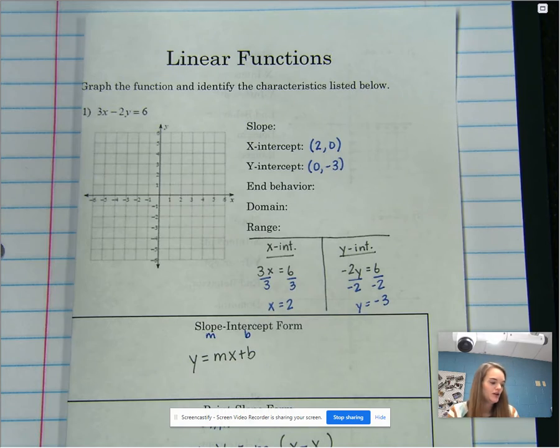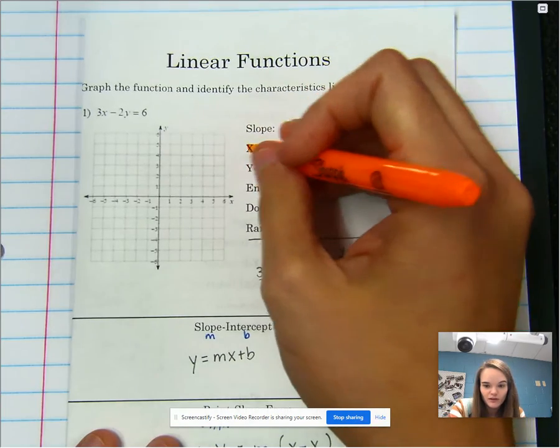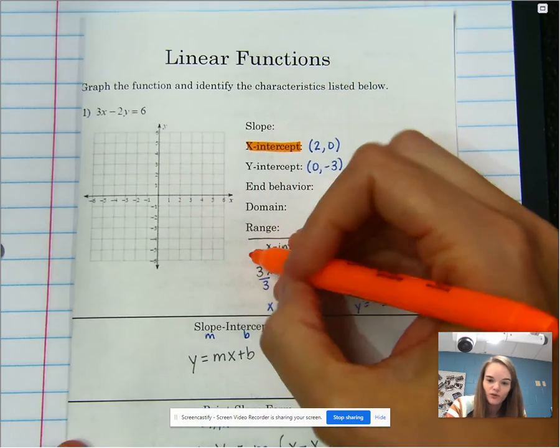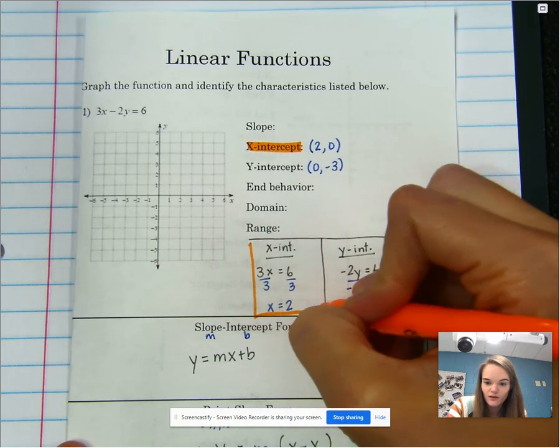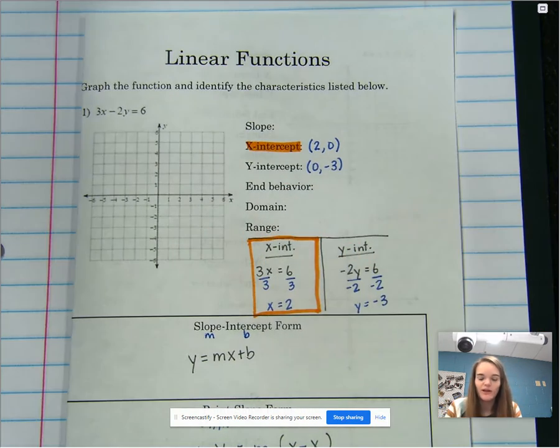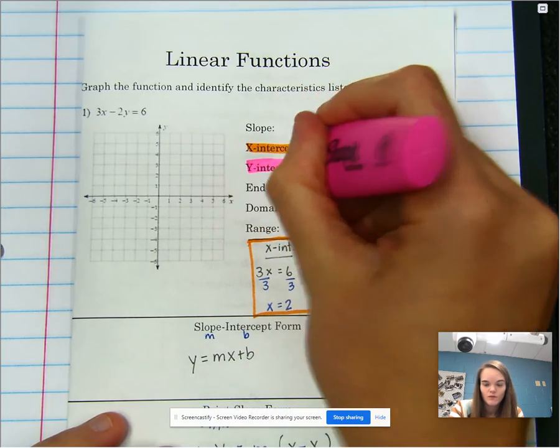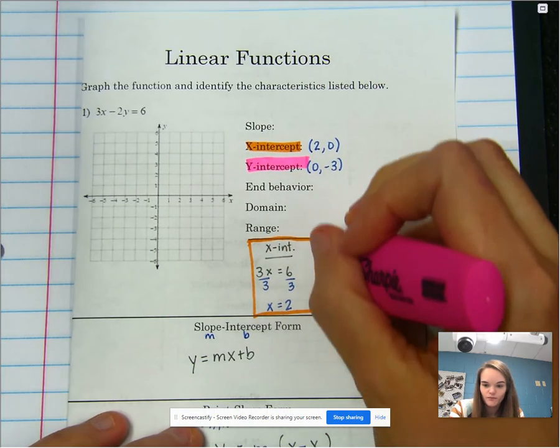So far we have the x-intercept, which we found right here, and we have the y-intercept, which we found right here.